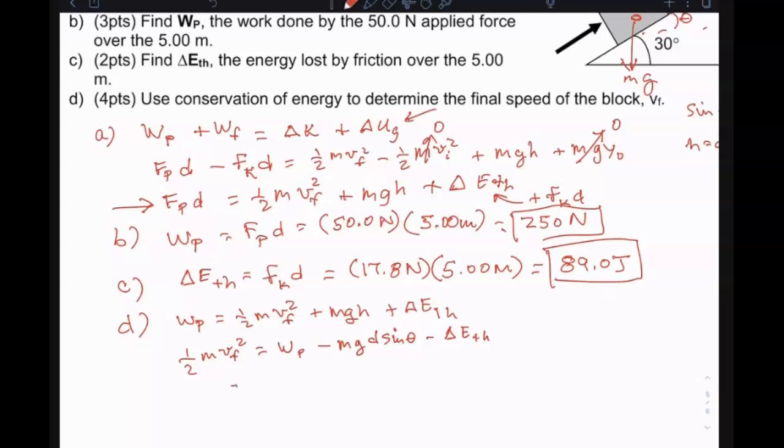So V final squared, let's go ahead and take the square root.